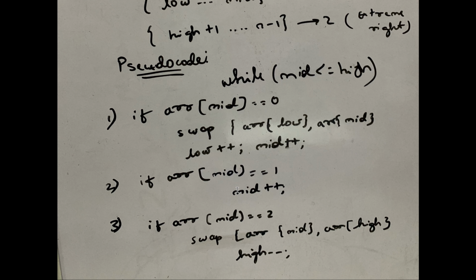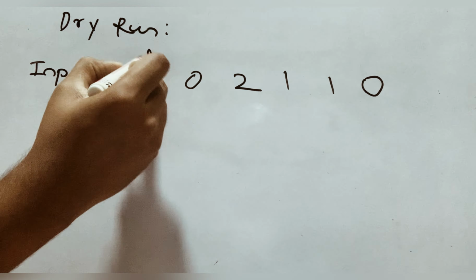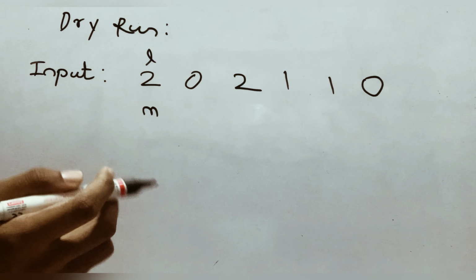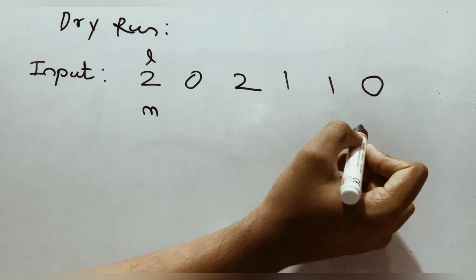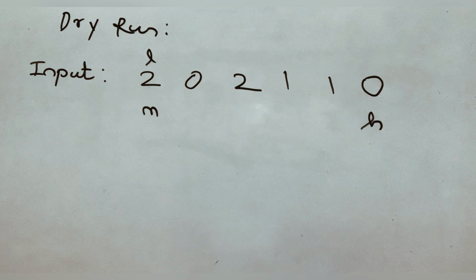So let's do a dry run to get a clear understanding of the problem. Here the input is 2 0 2 1 1 1 0. As I said earlier, we will use three pointers, low, mid and high. Low and mid will be at 0 and high will be at the end, that is n-1, and we will be checking the mid values.